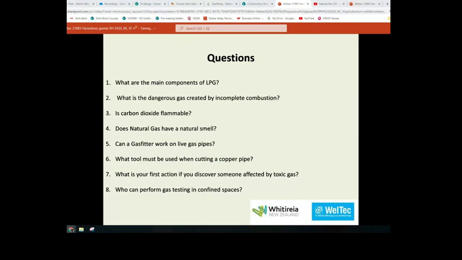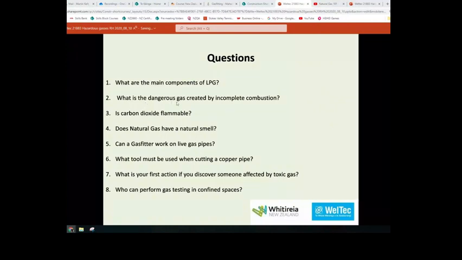Yep, so we got about 5 correct answers there. So propane and butane are the constituent gases that make up what we call LPG, liquefied petroleum gas. Well done.